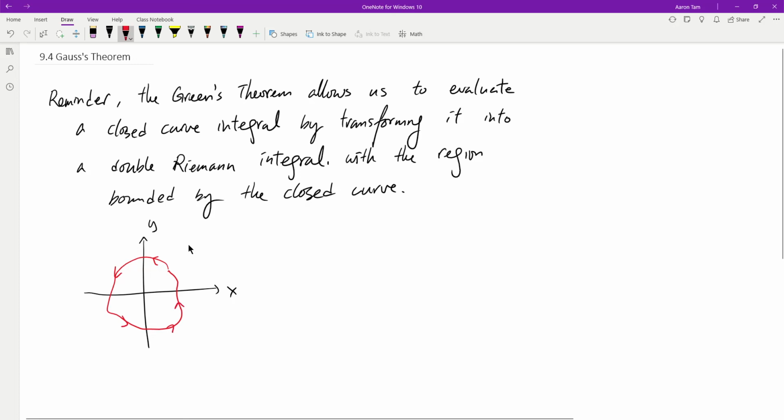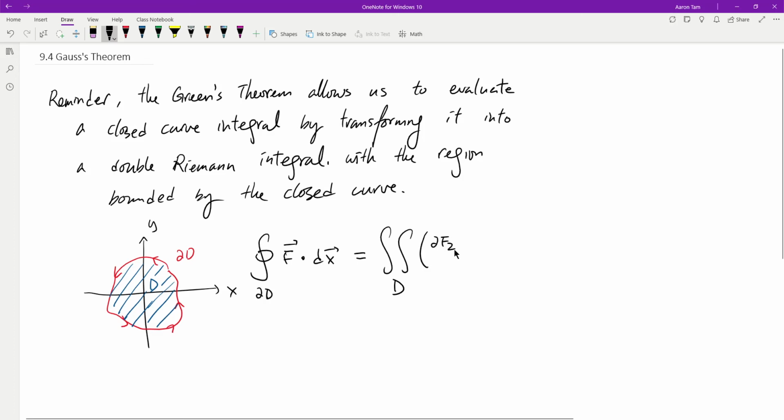I'm going to call this closed loop ∂D, where the inside of this region is going to be called D. If I now do a closed curve integral over this boundary, Green's theorem suggests that I can actually do a double Riemann integral over the enclosed region by modifying the integrand, using the scalar curl of vector F.